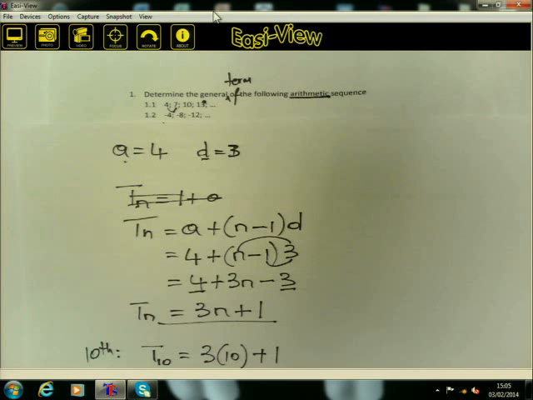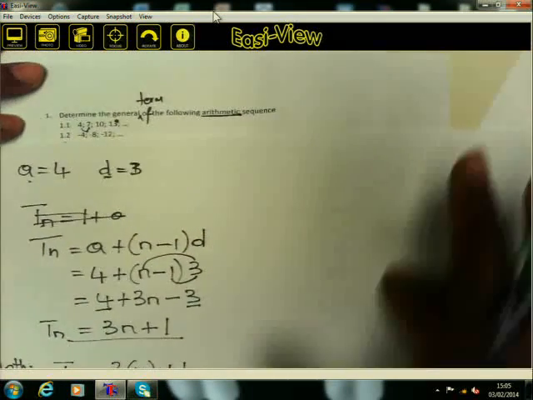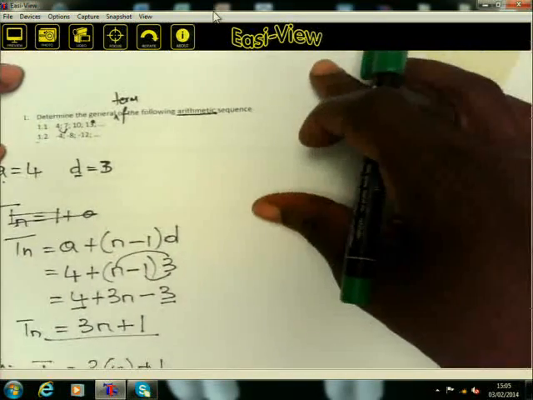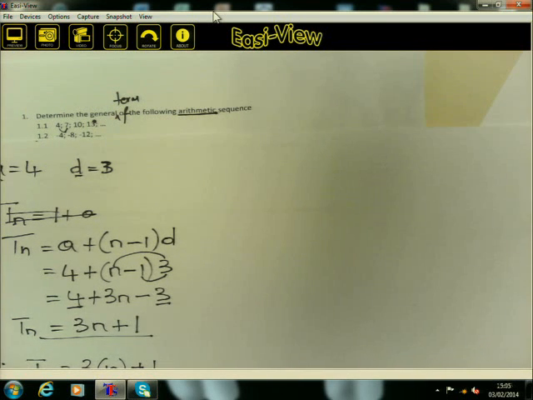Now I hope folks, all of you have got it. Let us look at how it goes. The question said, determine the general term of the sequence -4, -8, and -12. So we start again with that.